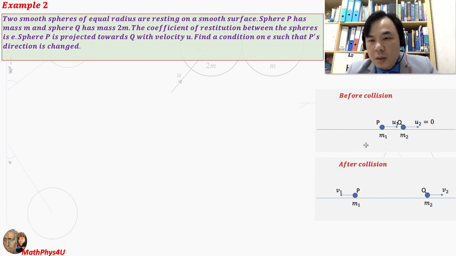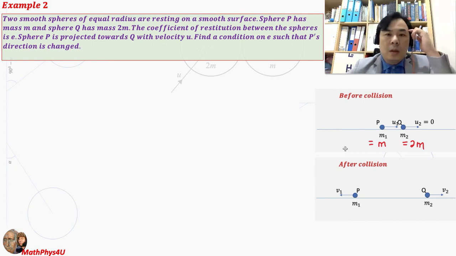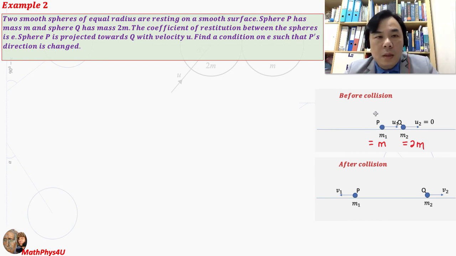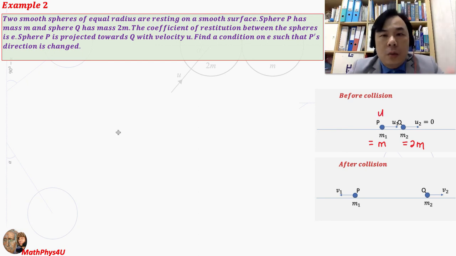So this one is M, and the second one is 2M. And then it is projected at the velocity of u here. All right, and then we are ready.